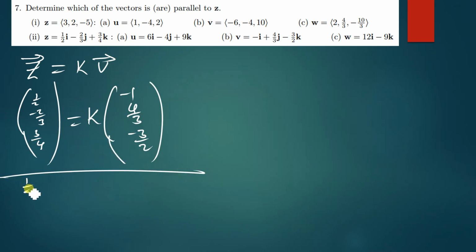So we get 1 over 2 equal to k times negative 1. When we divide by negative 1 on both sides, k is equal to negative half. This is the first value of k.